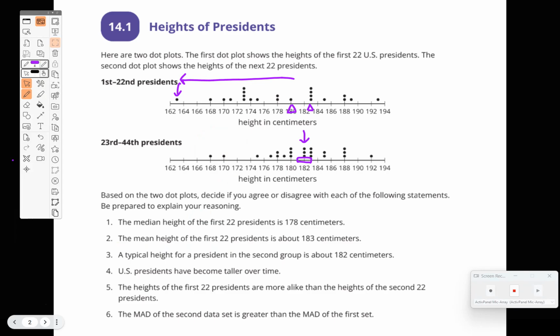U.S. presidents have become taller over time. Agree or disagree? Give me a thumbs up, thumbs down. Have they become taller over time from your 1st through 22nd and then 23rd through 44th? Okay, why do you say yes, Gabe?